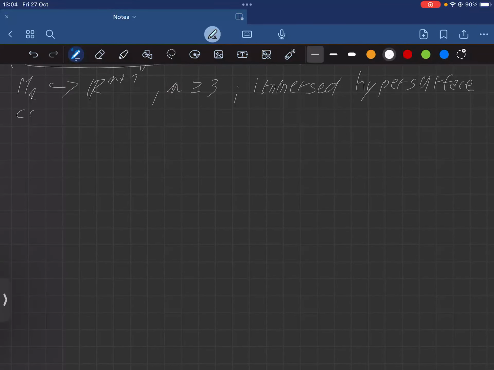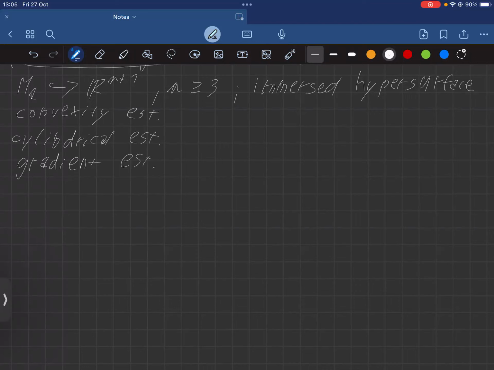So we have 3 a priori estimates: convexity estimate, cylindrical estimate, and gradient estimate. You've seen this probably too many times by now.